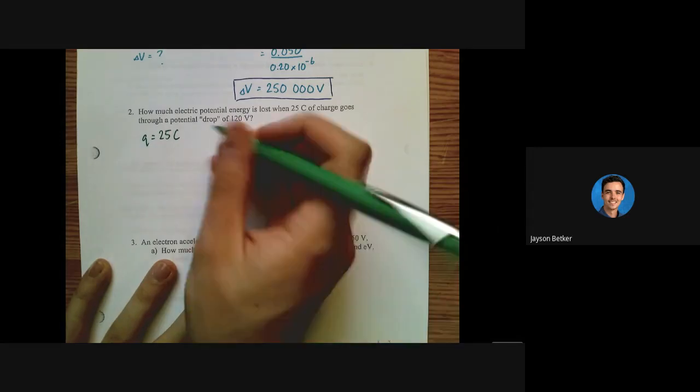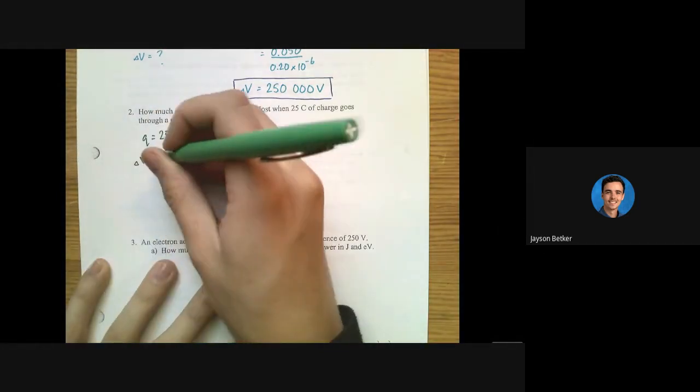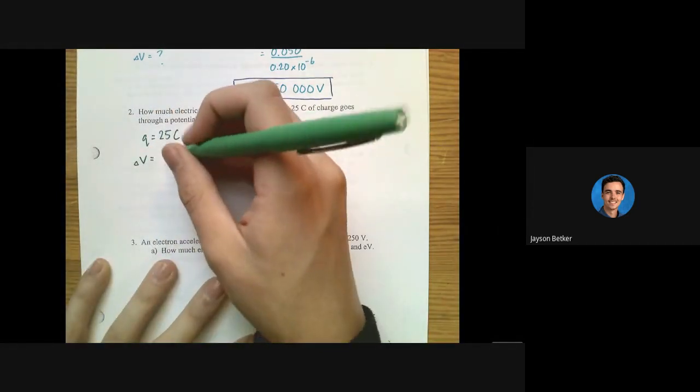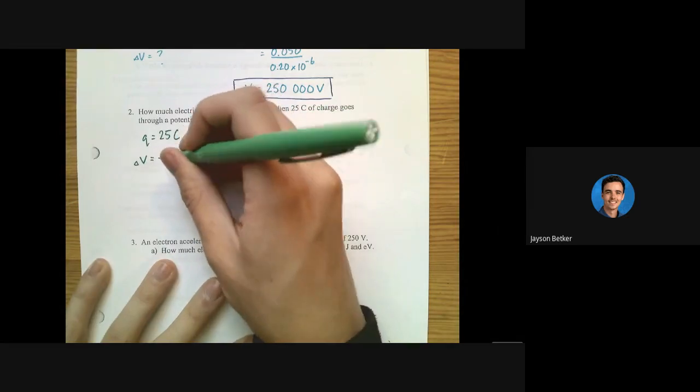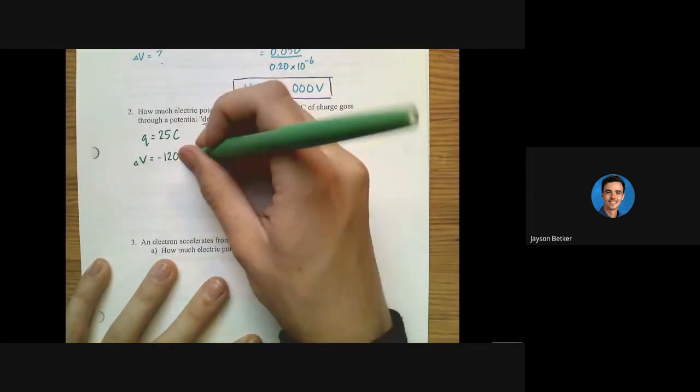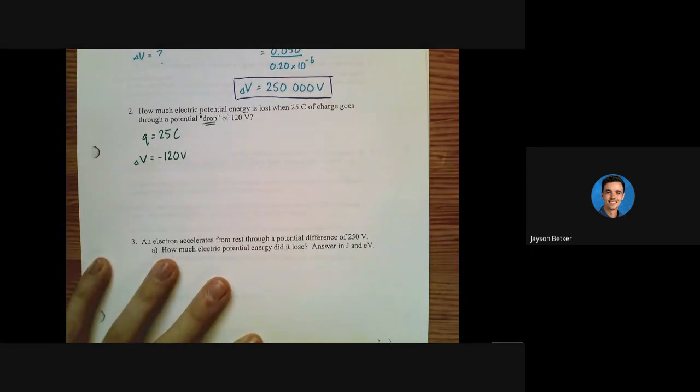So drop here is very important, specifying to us that we have a potential difference of negative 120 volts. So we're losing 120 volts of potential. And we're trying to find what the electric potential energy is.